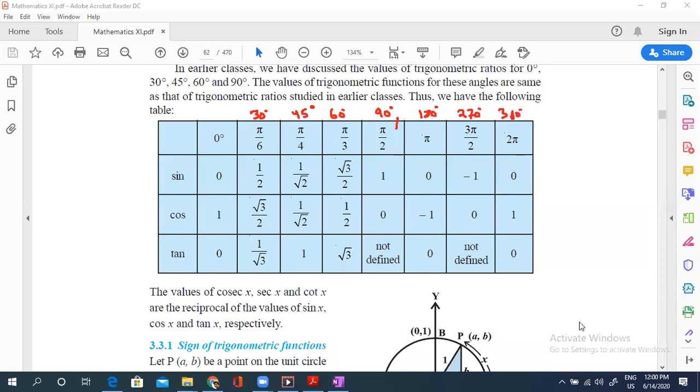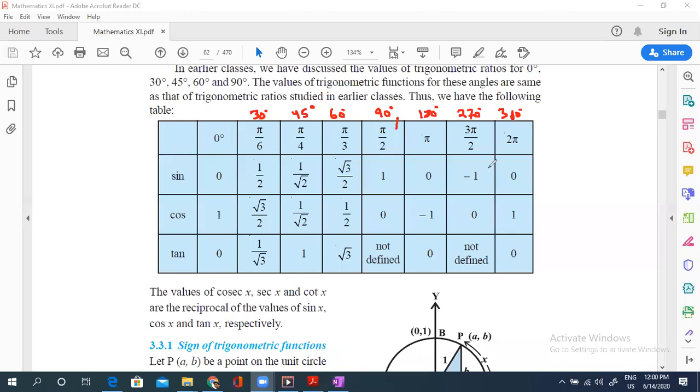Sine is increasing from 0 to pi by 2. Then from pi by 2 to pi, again it decreased from 1 to 0. From pi to 3 pi by 2, again it decreased from 0 to minus 1.